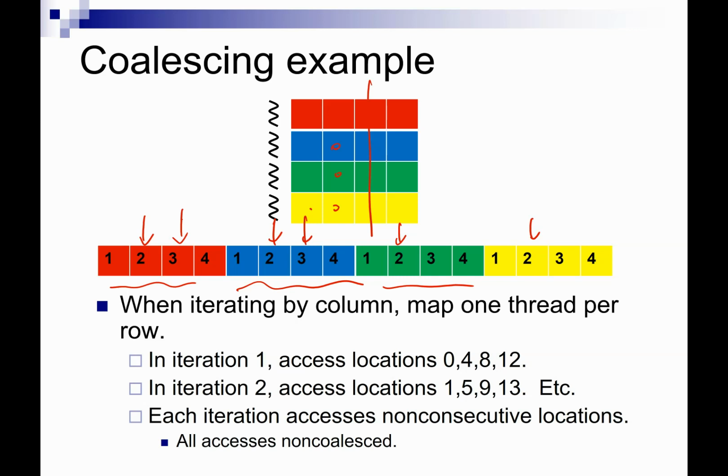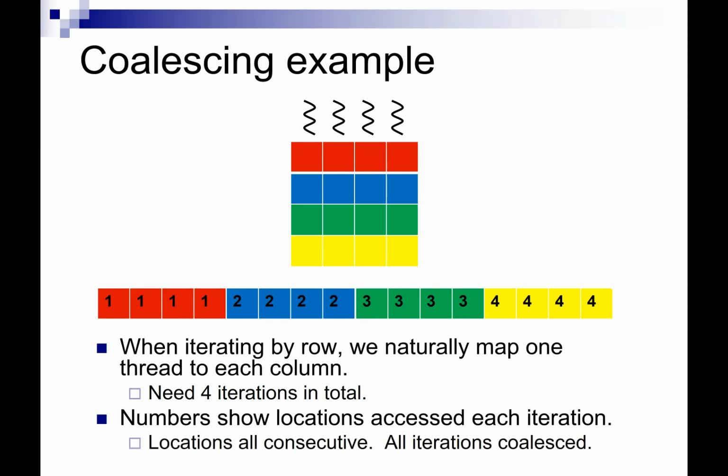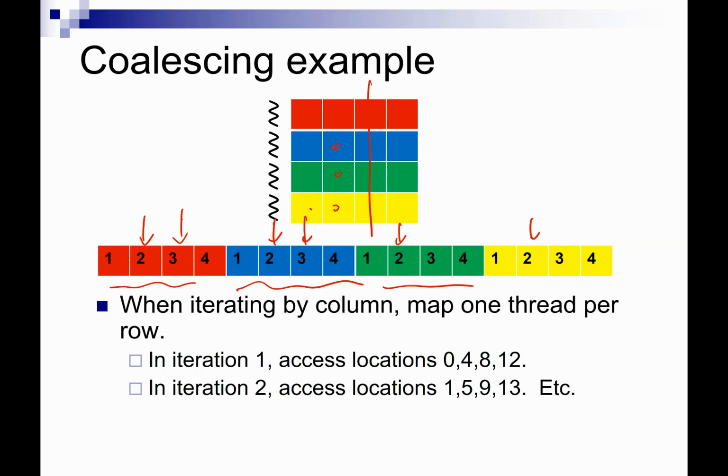So when we read column by column, we get completely non-coalesced memory accesses. When you read row by row, everything was perfectly coalesced. First iteration, you read this segment, and then second iteration, that segment, and so on. Whereas once you read column by column, it's completely non-coalesced.